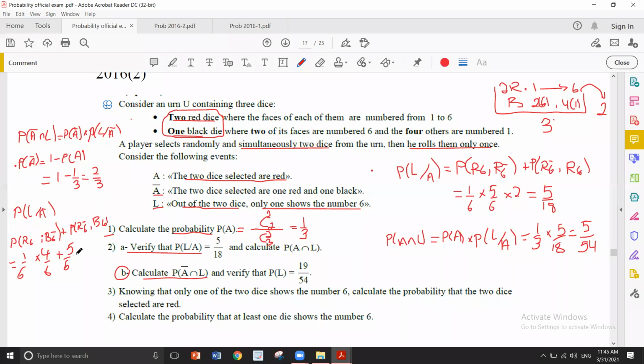How many 6s does the black have? Two over 6.